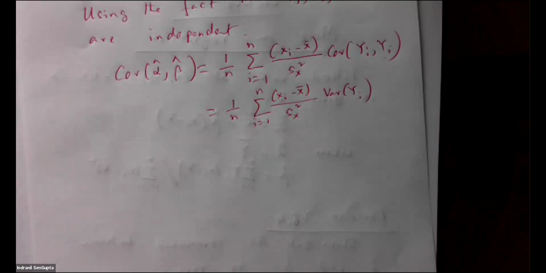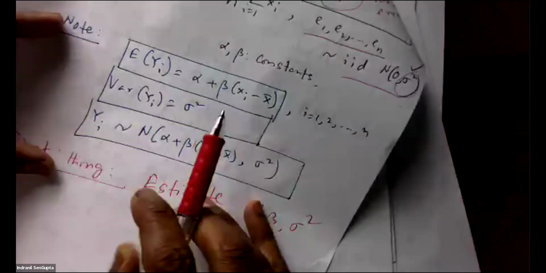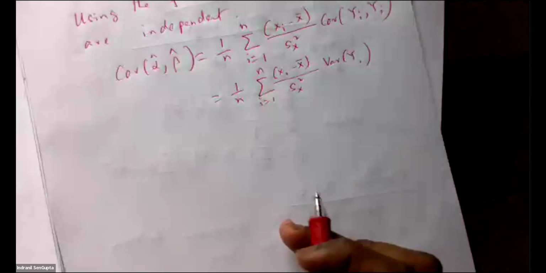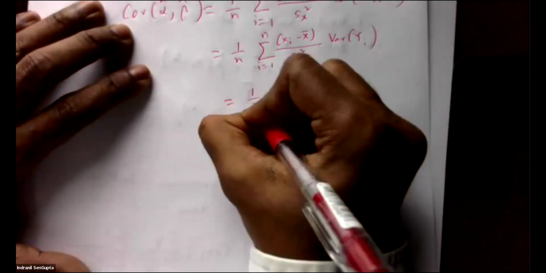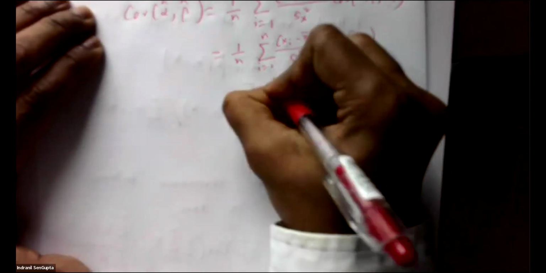Okay. And this expression, so now let's look at what is variance of yi. So this is something we wrote last time. So variance of E of yi is this one, and variance of yi is sigma squared. So this is really 1 over n summation i from 1 to n.